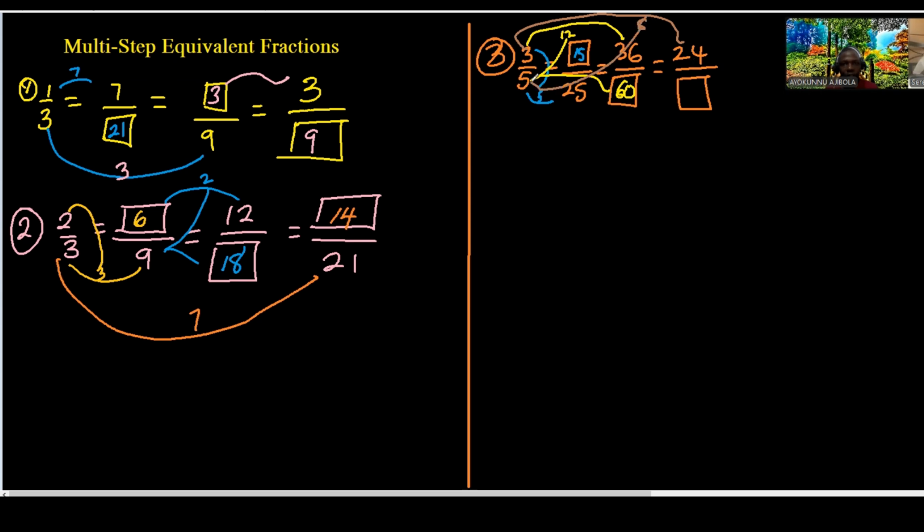So what is 8 times 5? What did you say? What is 8 times 5? 8 times 5 is 40. Yeah, 40. So do you understand this now?